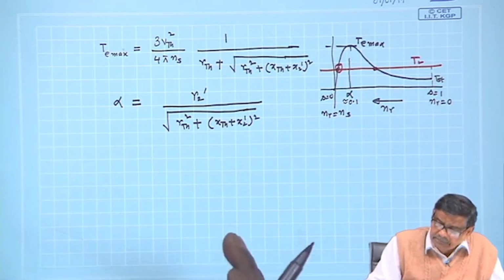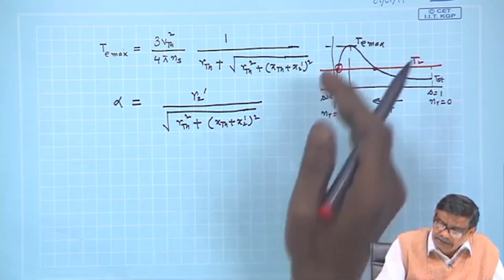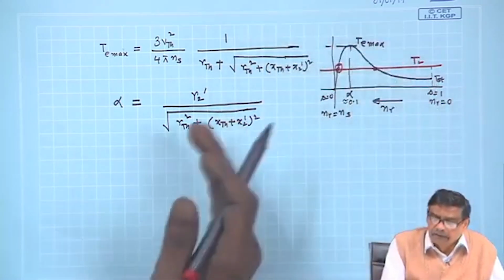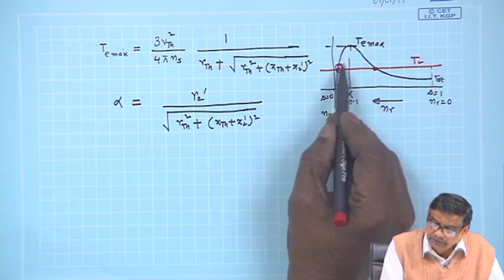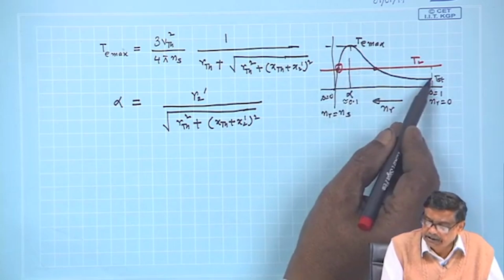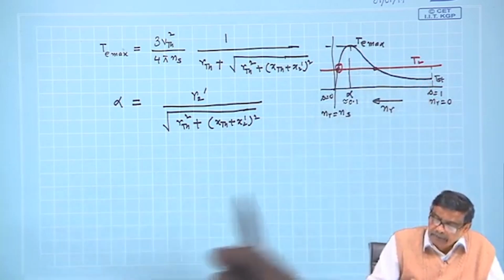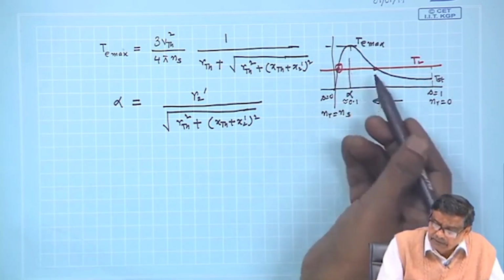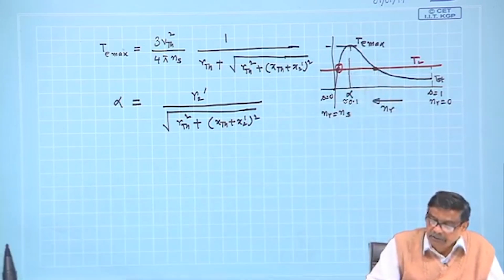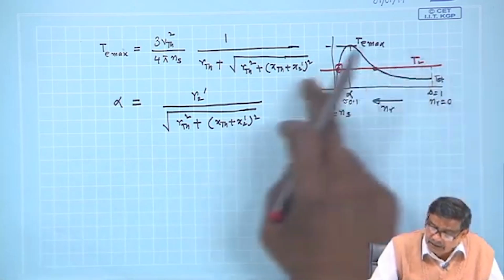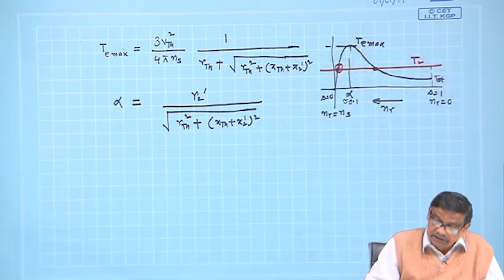A slight disturbance this way or that way will change the operating point either to this point or to this point, that is, the motor will not run, and it will never come back to its original position. That is why it was called unstable, so far as the load torque is constant.